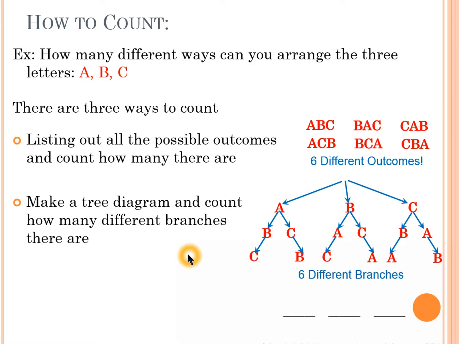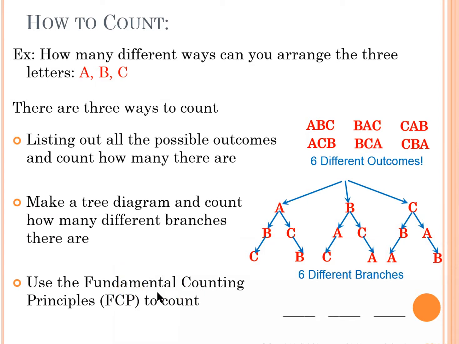Now another way where you could find the different outcomes for A, B, and C is to apply the fundamental counting principle, which is denoted FCP. In this lesson we're going to talk about how to apply the fundamental counting principle to word problems. But for this problem here, basically how the fundamental counting principle would work is that you look at how many choices you have, so A, B, and C. So you have 3 choices for your first letter, and if you use one of the letters, that means you must have 2 choices for the second letter.